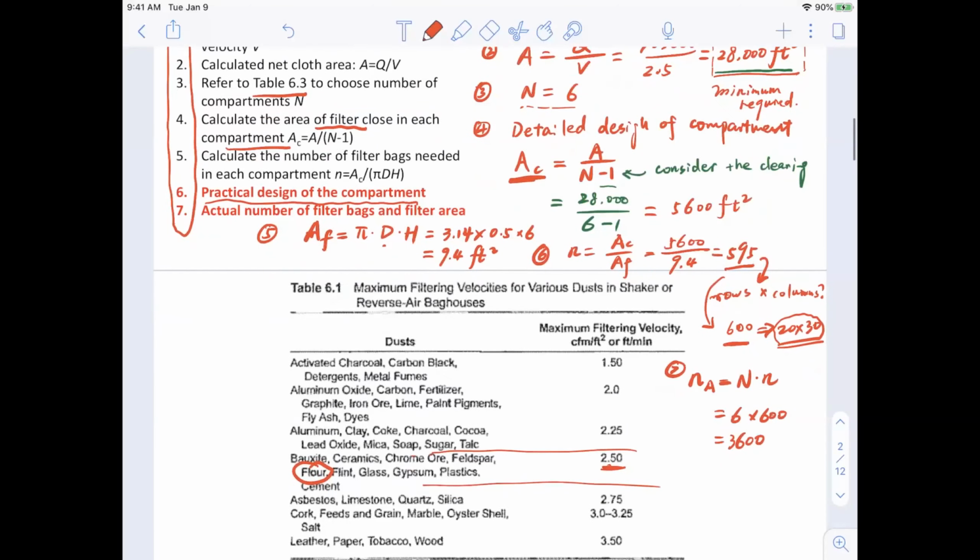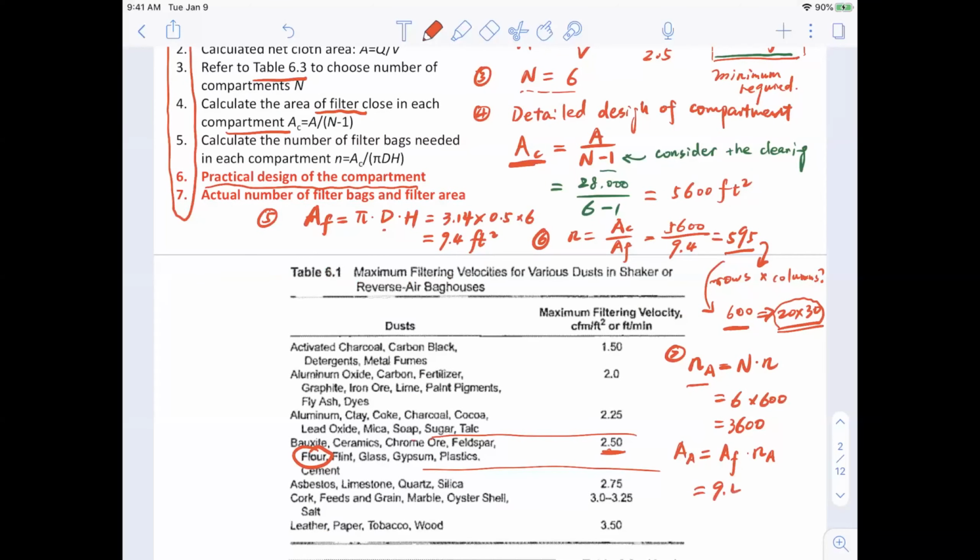And then the actual area also depends on how many filter bags we use in the actual situation, right? So that's going to be AF, the area of each filter bag, multiplied by NA, the total number of filter bags. So that's going to be 9.4 multiplied by 3,600, and you can get 33,900.